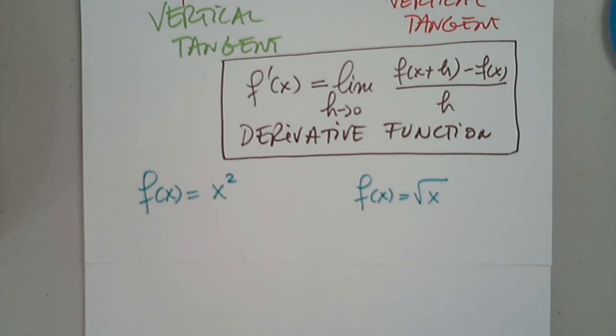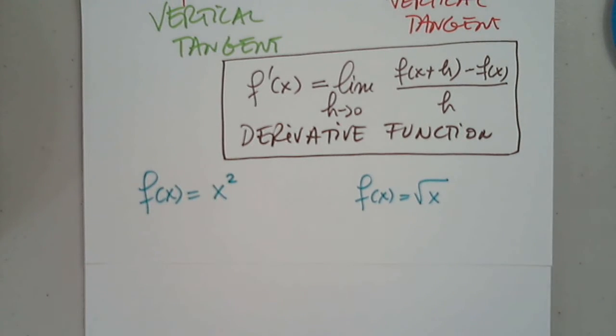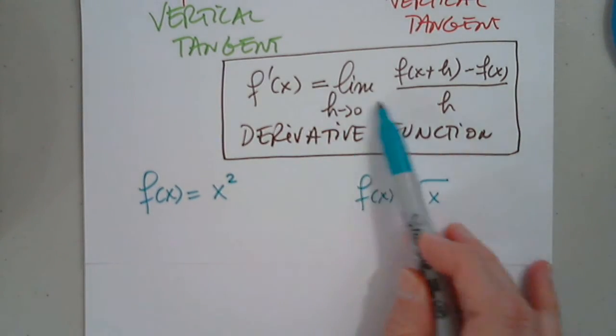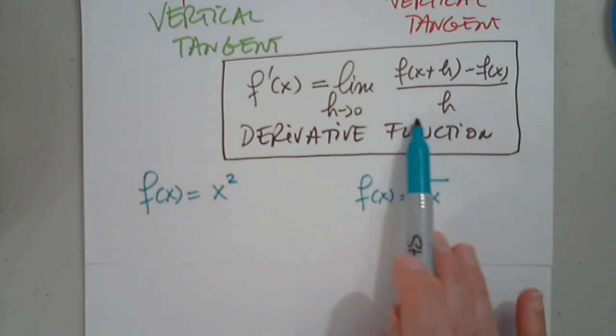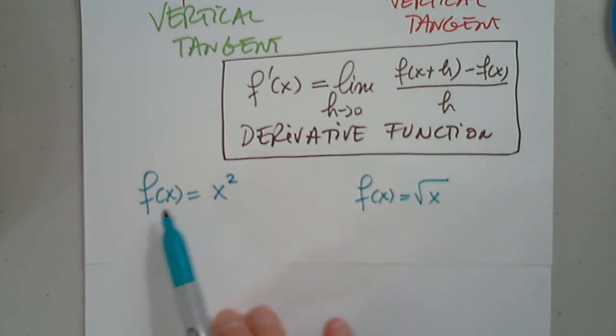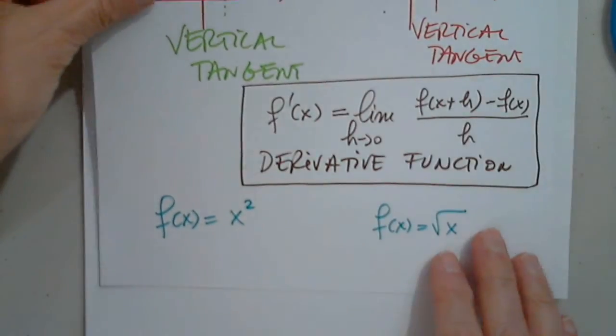We can do the other one next time. So please choose. We're going to use the definition of the derivative function to determine the derivative of either one. Can we do x squared? Let's do x squared. Very good.